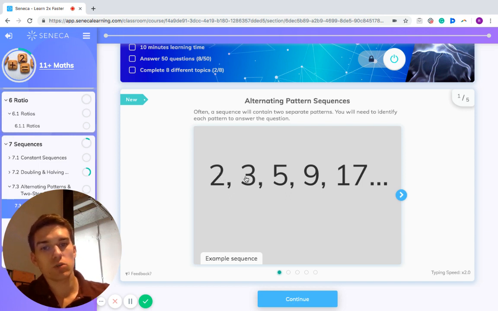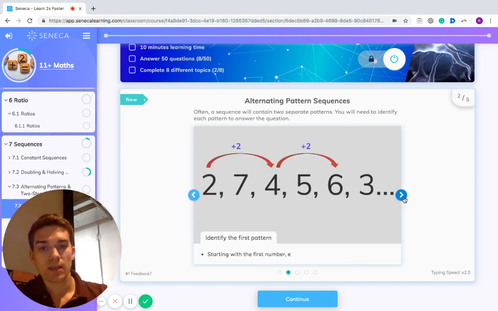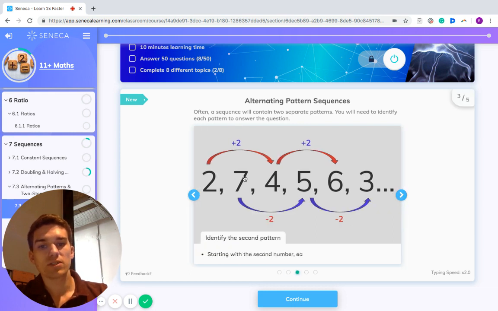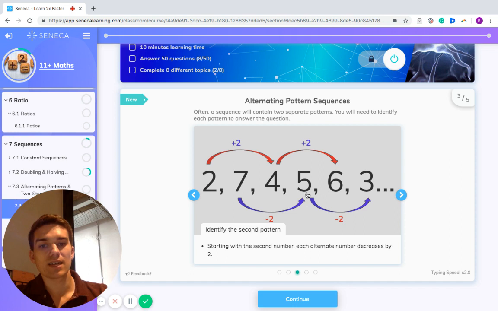So here we've got 2, 3, 5, 9, 17 as the start of the sequence. So if you look between the first, the third and the 5th numbers, you've added 2 each time. And then between the second, 4th, and 6th, we're taking away 2 each time.